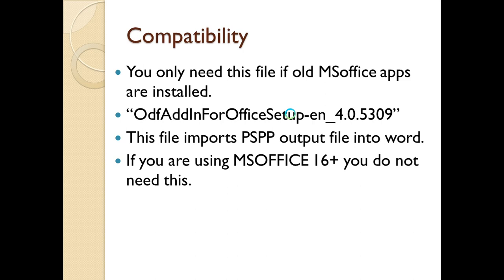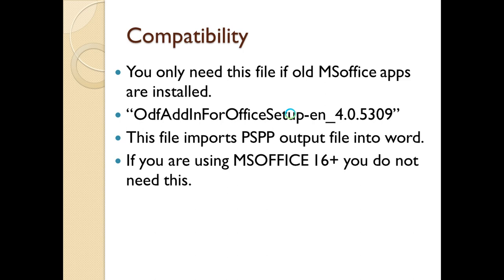So therefore, what we need before we install these softwares and then start using it, if you are using MS Office applications much older than 2016, you may have to install one particular file called ODF add-in, that is called Open Document Format add-in. This is to accept the import export of PSPP output file into MS Word.